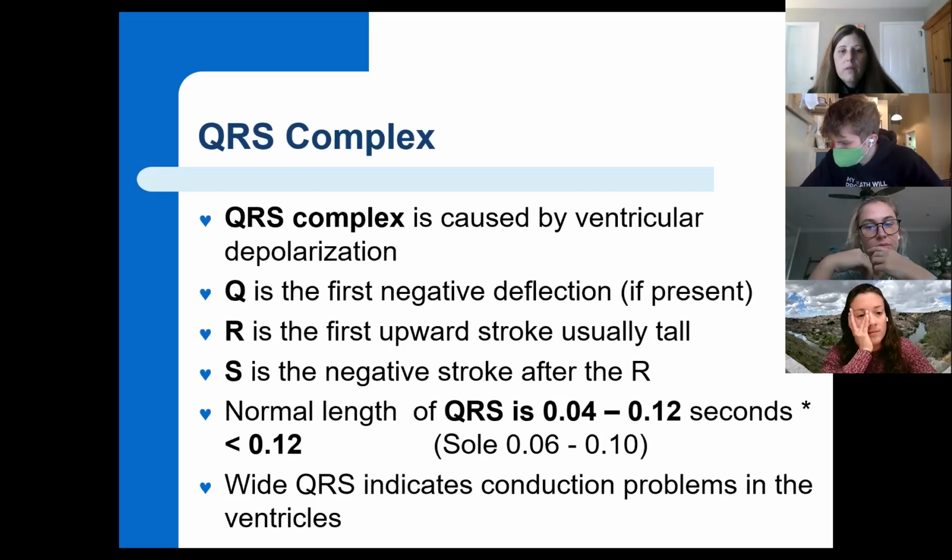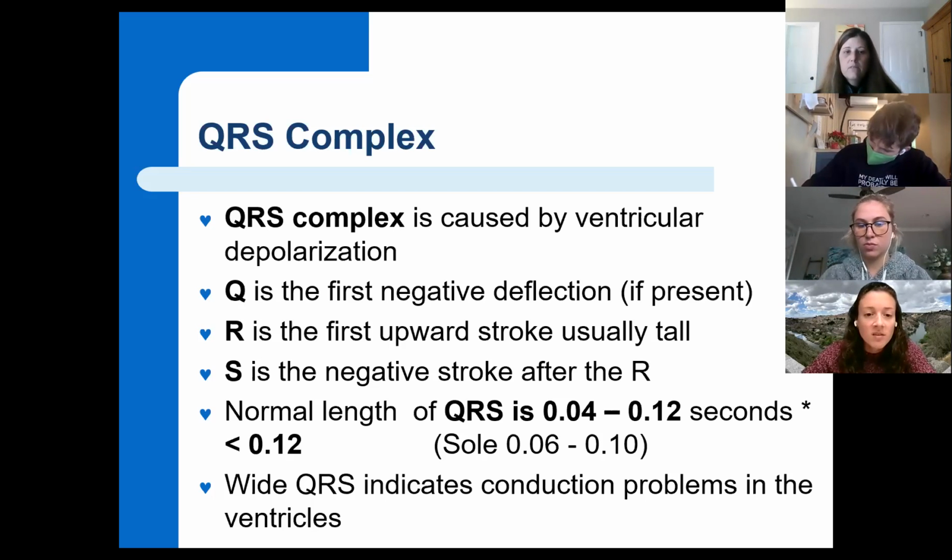So this is representing a spread of electrical impulses that go through the ventricles. It's the sum of the ventricular muscle cell depolarization with contraction. We know depolarization means the contraction. It's triggering the contraction of the ventricle tissue, and then the QRS begins.